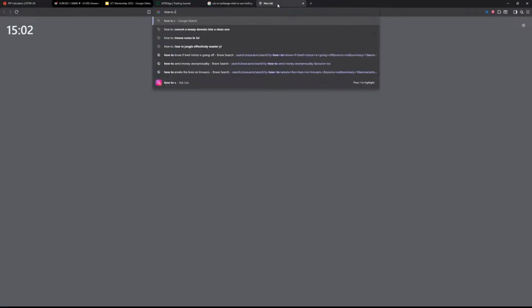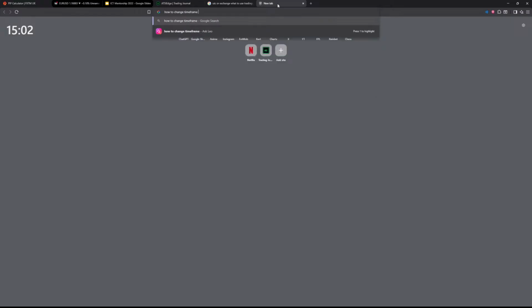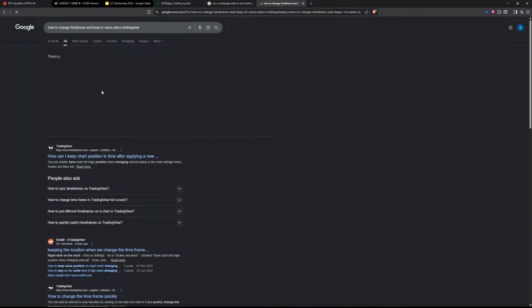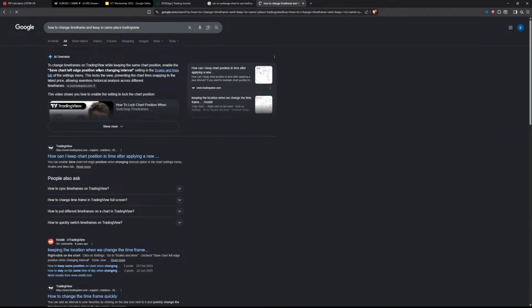Idea how to change time frame, keep in the same place, TradingView. Save chart left edge position, scale lines tab.